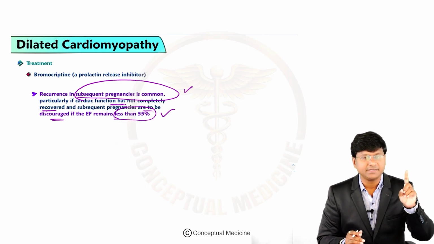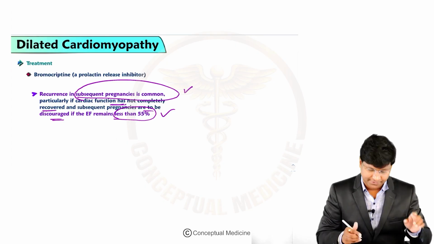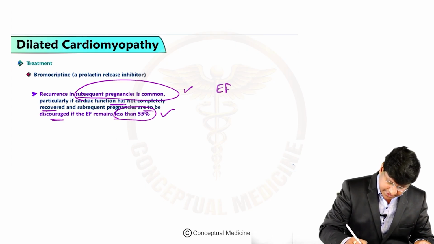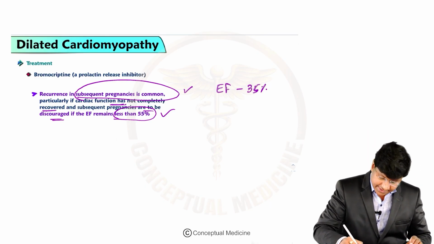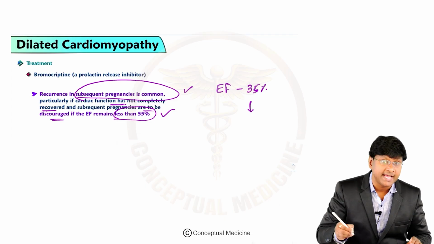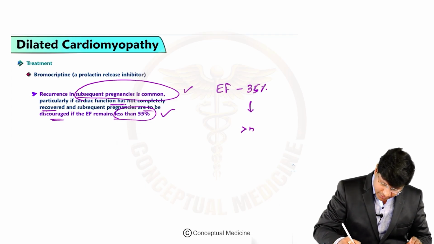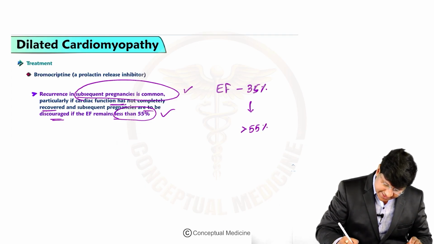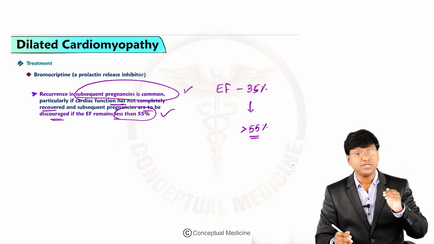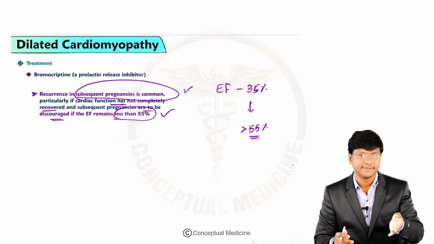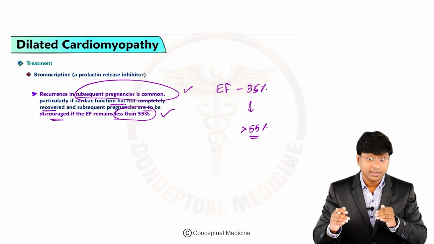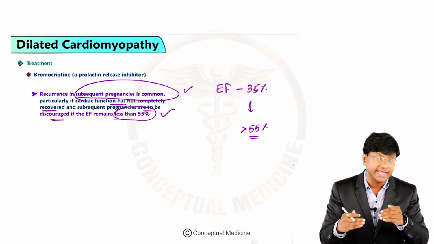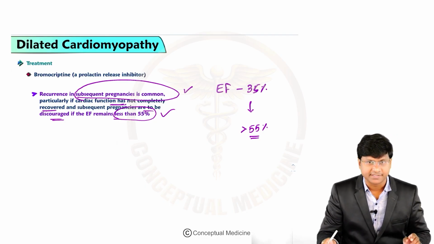So, in peripartum cardiomyopathy, what will be the ejection fraction? In peripartum cardiomyopathy, the ejection fraction will be around 35% or less than 35%. And if this ejection fraction has improved to more than 55%, then you can encourage subsequent pregnancies.